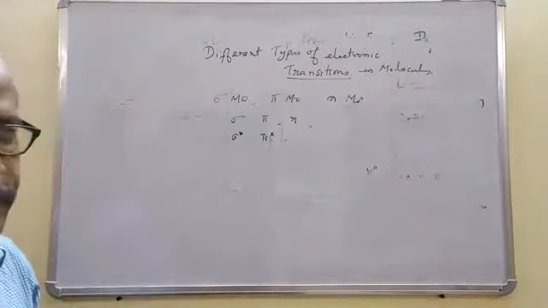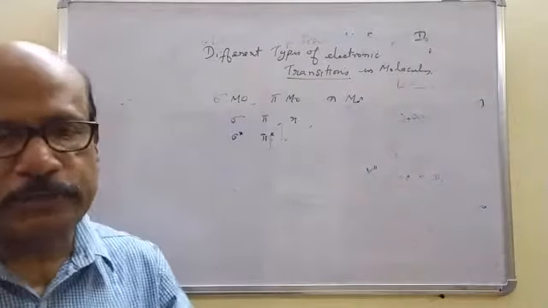So normally a molecular system contains 5 different types of molecular orbital.